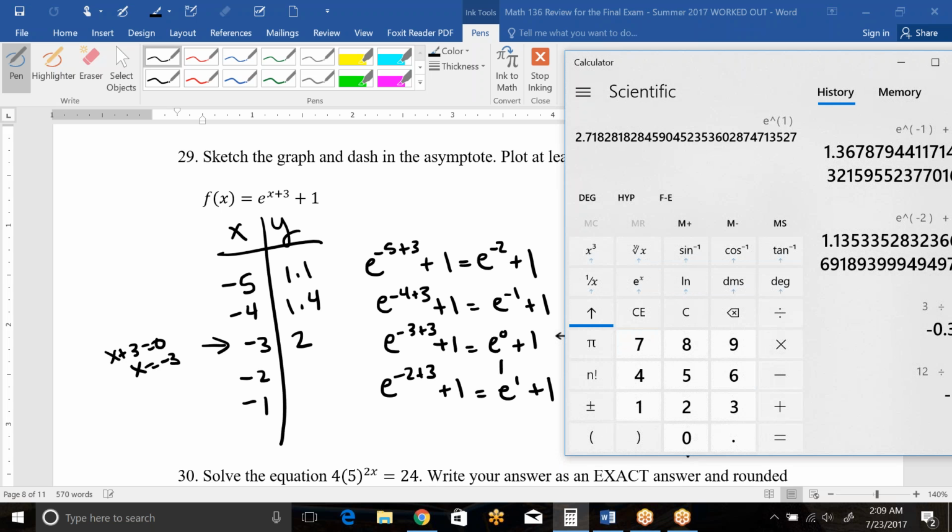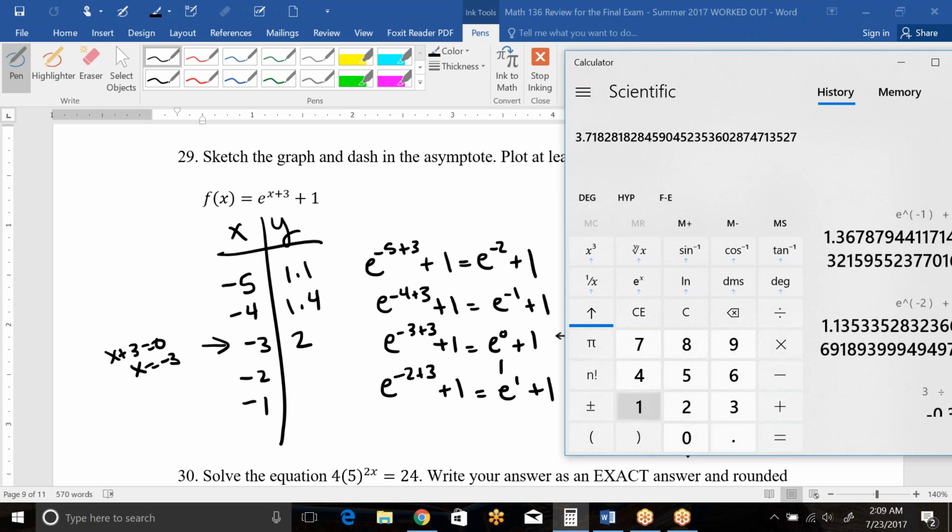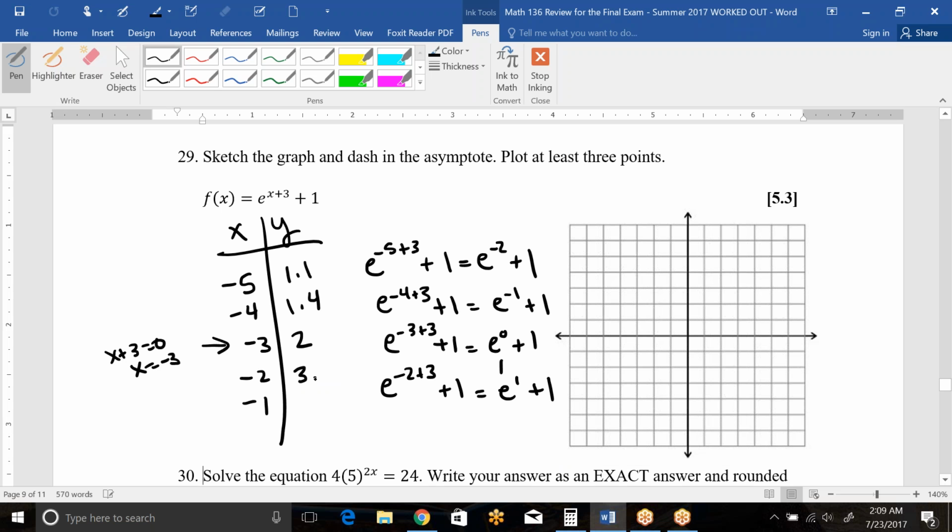So just e plus 1. That will be 3.7. And then e to the negative 1 plus 3 plus 1 is e squared plus 1.